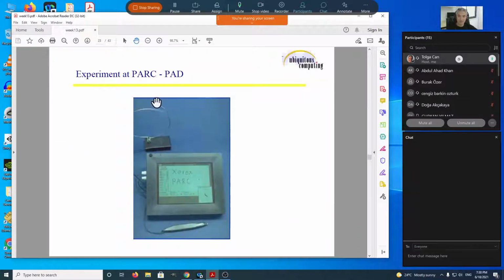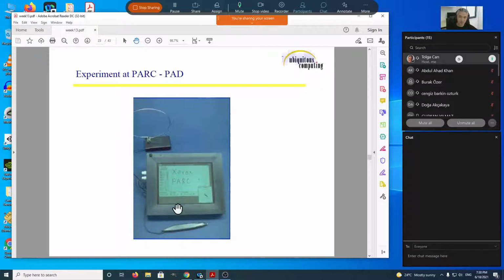This is another one. This is the pad. Maybe you may consider this as the father of iPads or tablets. As you can see, the margins are too large, but everything was large in those days. So certain applications run here. I think multiple windows may be open at the same time. The touch screen technology was not that developed in those days.